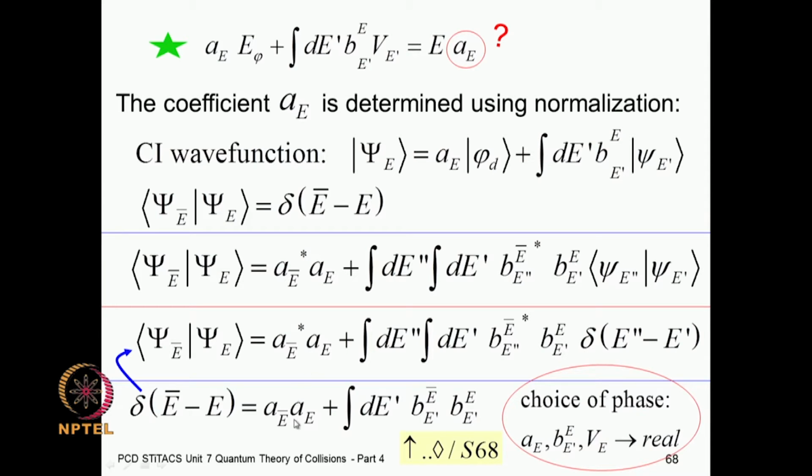So, you have got two coefficients, AE bar and AE, and over here you carry out this delta function integration over E double prime, so that the only term that survives is the one for which E double prime is equal to E single prime. So, you have got the E bar E single prime and then the BE, and the subscript here is again E single prime. That is the Dirac delta integration.